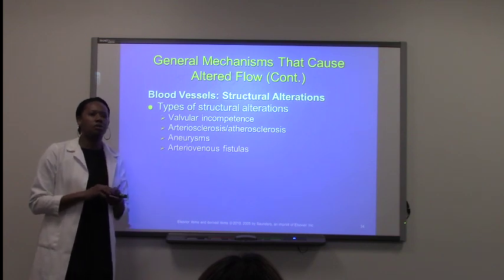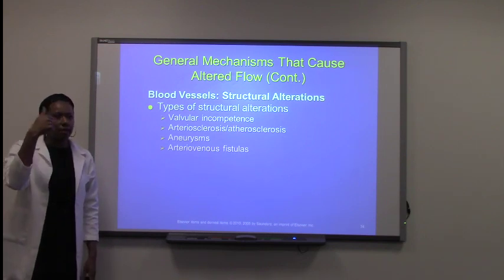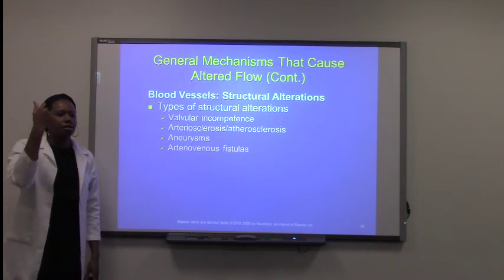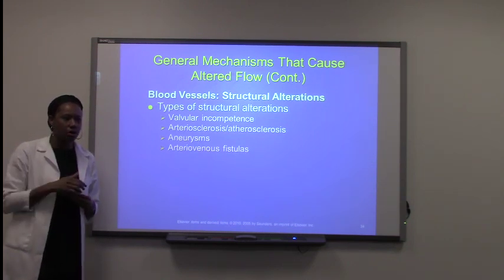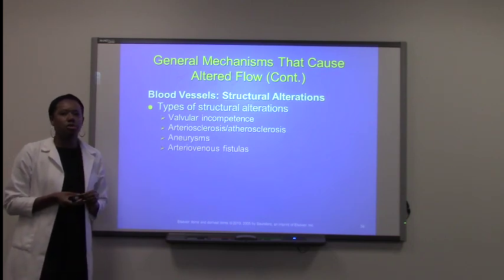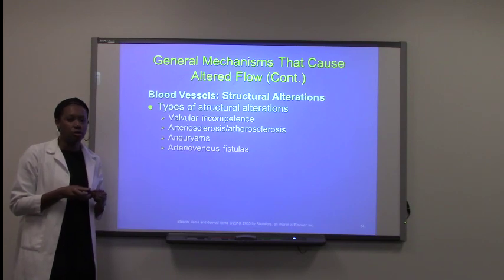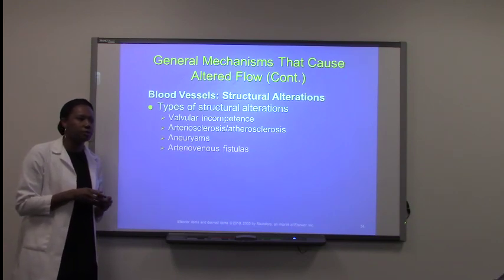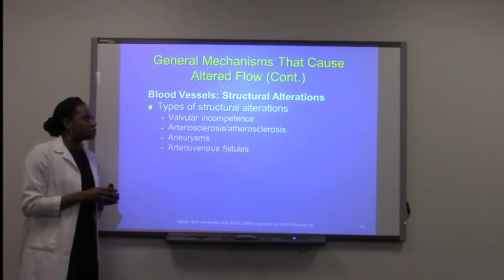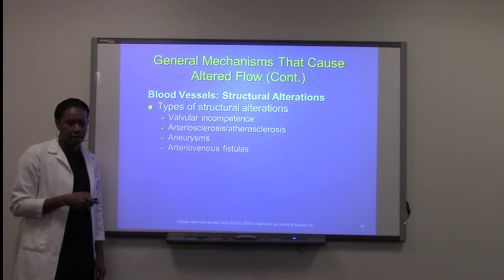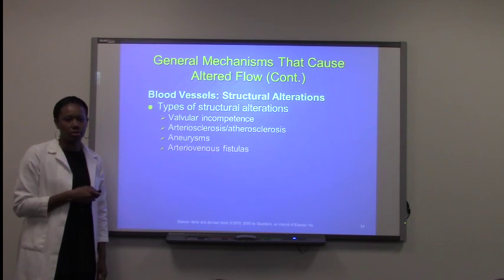So keep in mind, atherosclerosis is a sclerotic plaque that actually happens in the artery, the large artery. Whereas arteriosclerosis is the sclerotic plaque that can happen in arterioles. Okay, arterioles, if you remember from anatomy, are smaller arteries. So atherosclerosis is plaquing in the artery. Arteriosclerosis is plaquing in the arteriole.